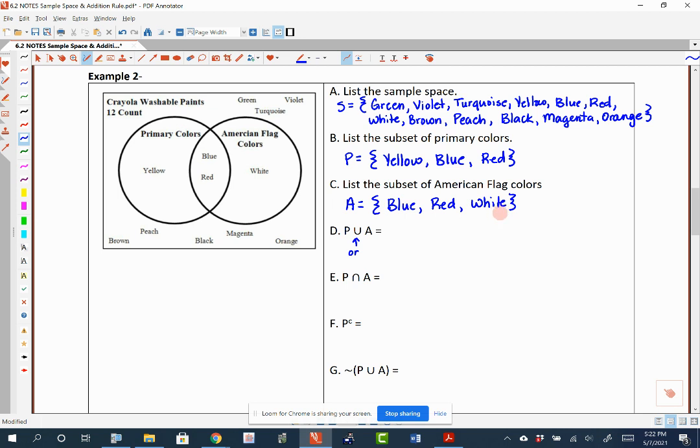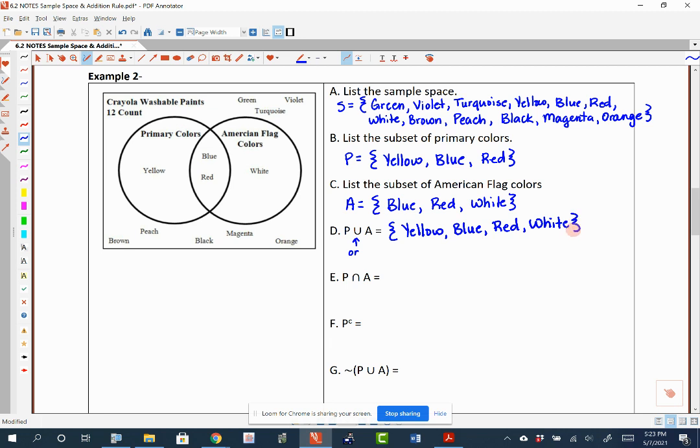So remember, a union is everything. We want all possibilities listed for this. So my set of primary colors or American flag colors, again, it doesn't matter the order. I'll start with yellow. They both have blue and red, but we also need a white.